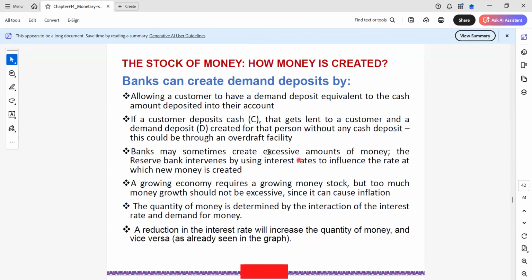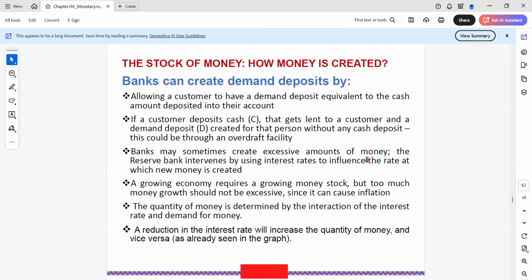So for this part, if there's an excessive amount of money, meaning that there's too much money in circulation, then banks are going to want to give out more loans and grant credit to people easily, right?